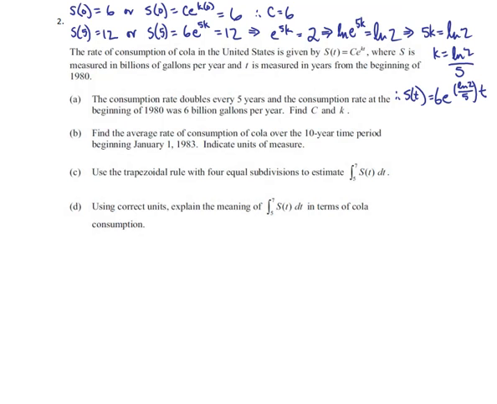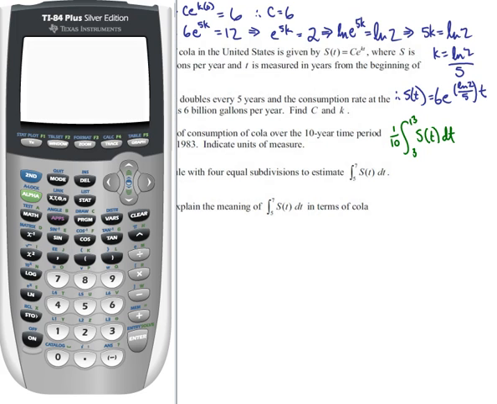For the 10-year period beginning in 1983, that's from 3 to 13. So the expression would be 1 over 13 minus 3, so 1/10 times the integral from 3 to 13 of S of t dt, and we're going to have to use our calculator to find that.